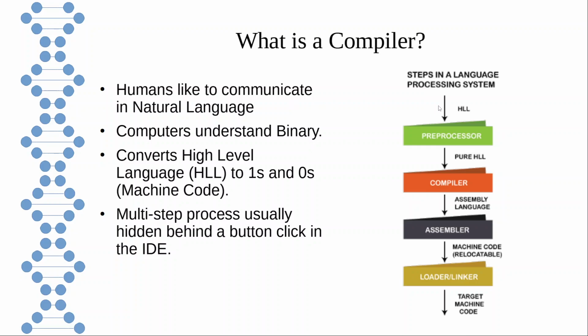So the high level language, whatever that program may be written in, is converted into lower level languages using a series of steps, using some intermediate stage like assembly language. Assembly language is an intermediate stage. You can directly program in assembly language also, but in this compilation process, in this figure, it is shown as an intermediate step.